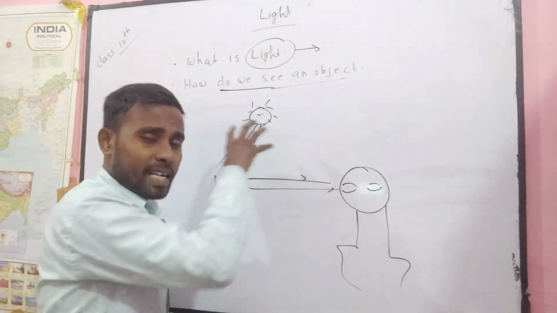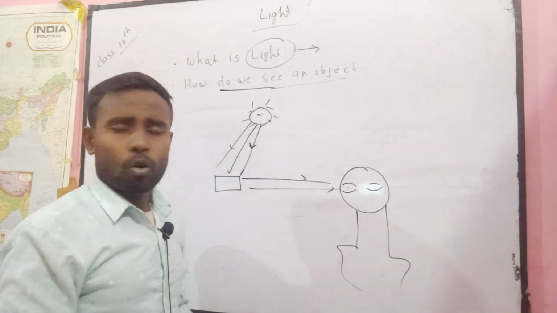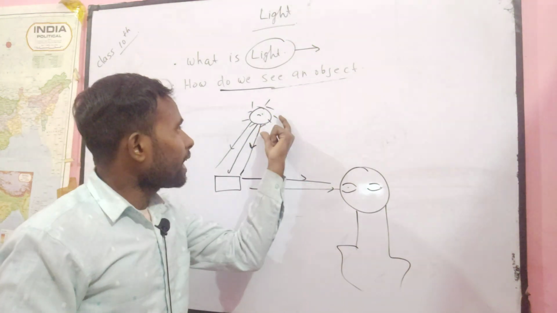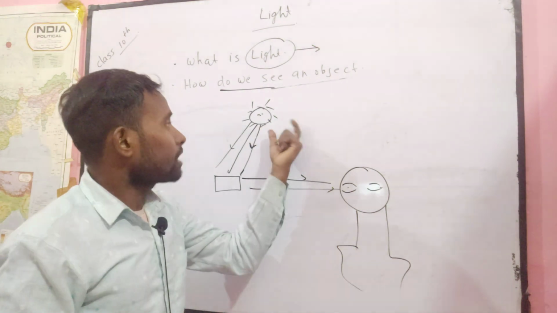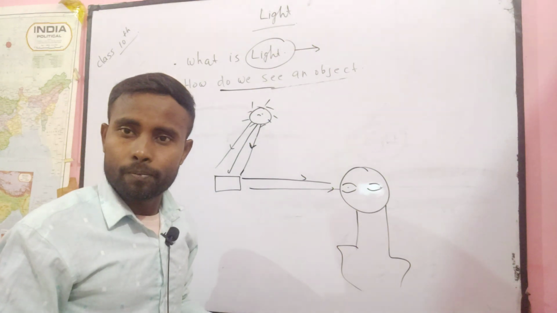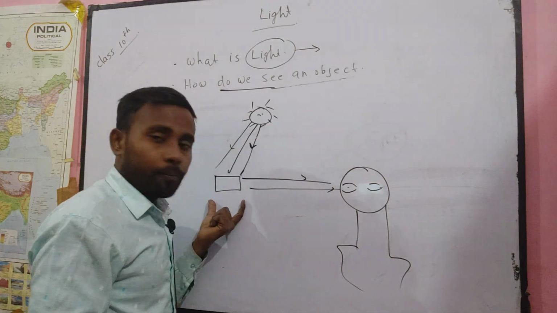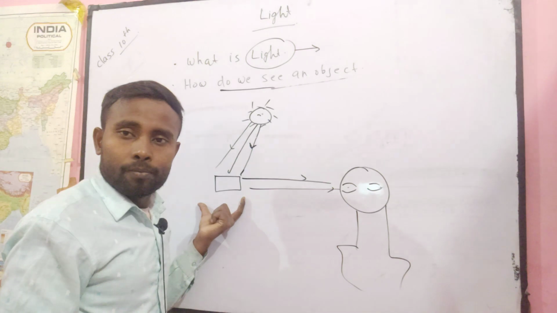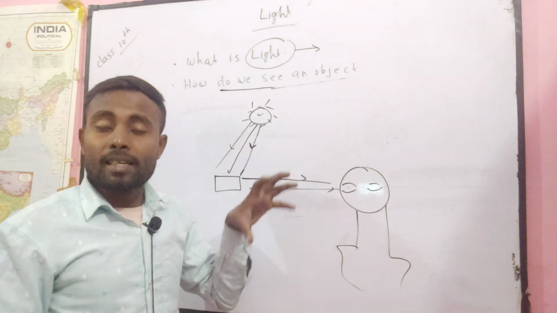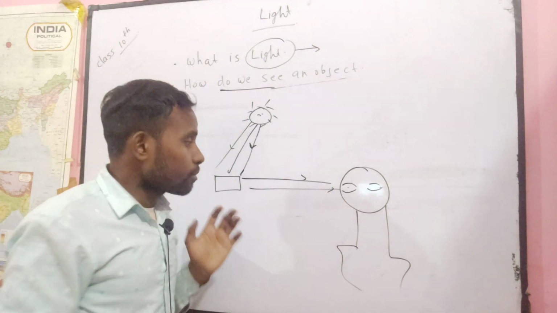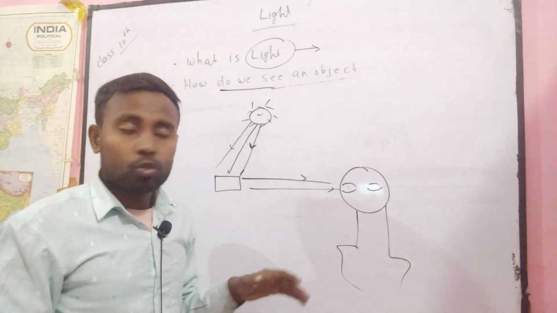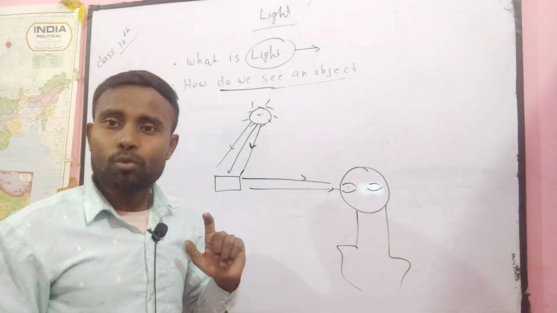When light from any source, maybe a bulb or the sun, artificial or natural, is incident on an object that I want to see, then that object absorbs some of the light. Absorbed means its energy is consumed, and some of the energy is reflected or refracted, so sometimes its intensity also decreases.